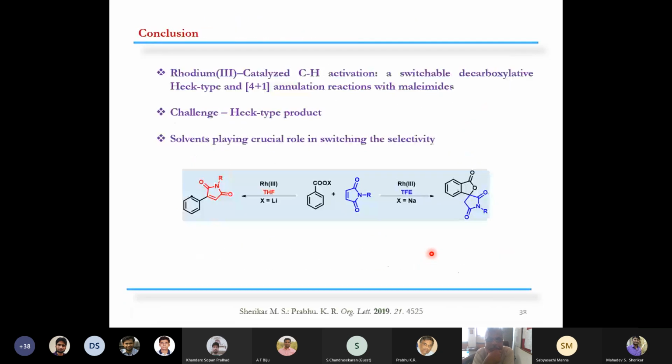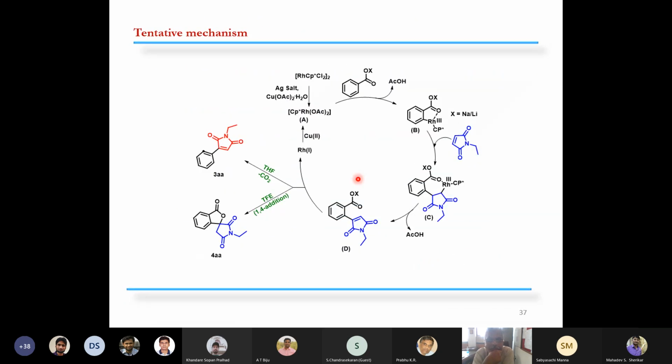When THF is present, THF is non-polar as compared to TFE. So this salt will not get much solvolysis, and at high temperature, due to low solvolysis, it will undergo decarboxylation. There is less polarization of this salt in the presence of non-polar THF.